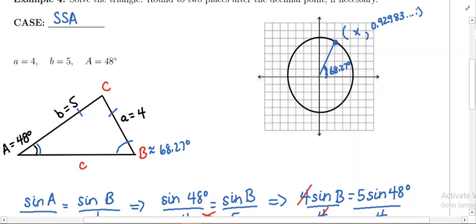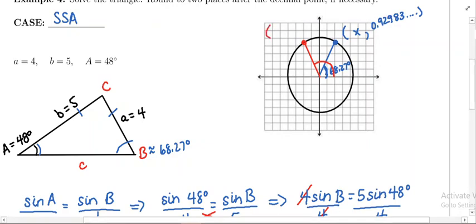Now, this is not the only angle that has this sine value. Remember, the sine value is determined by the y coordinate. If I eyeball this particular angle, this red angle, it is also going to have the same sine value. In quadrant 2, you have positive y coordinates.